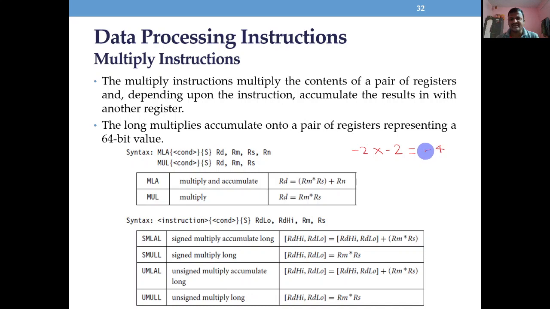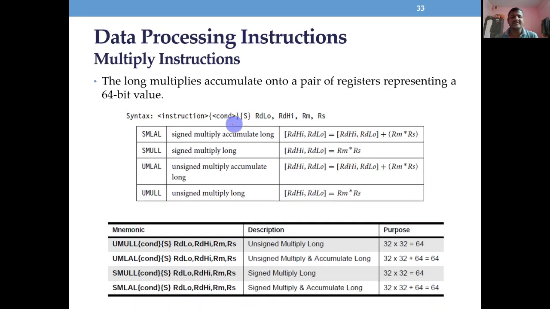Okay, if you are working with signed multiplication, you get -4. But -2 into -2 with unsigned multiplication, you will only get plus 4. So it will not worry about the sign of the multiplication. That is signed and unsigned multiplication.